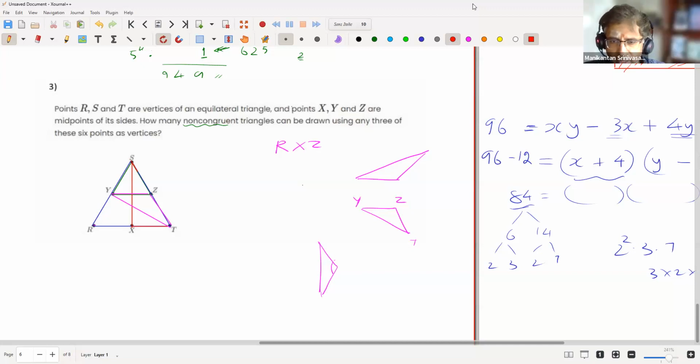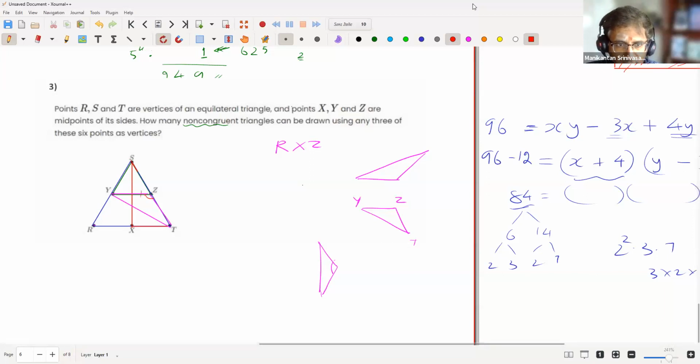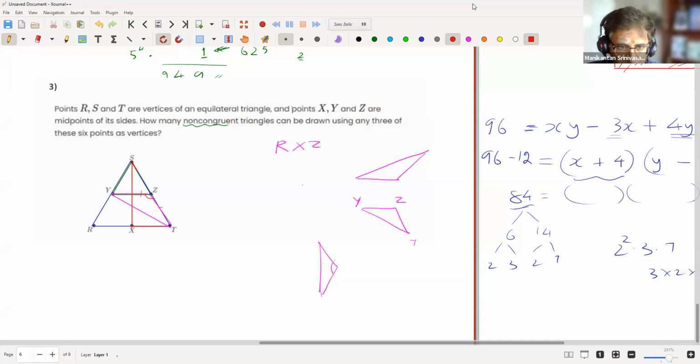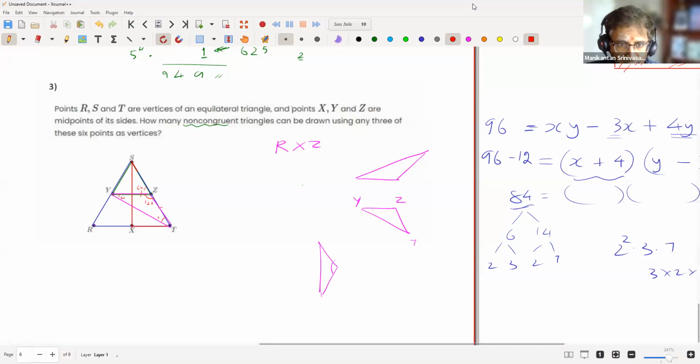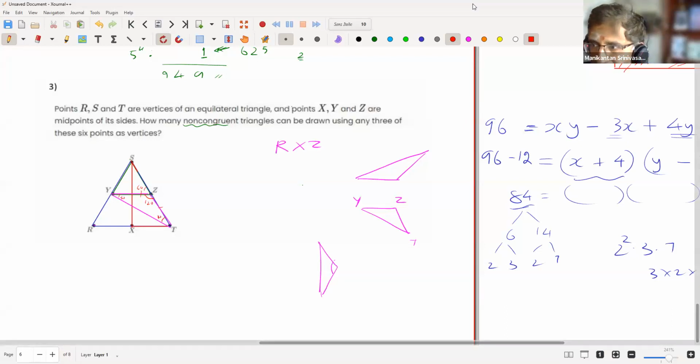But back to this one. Do you agree that all of these shapes are 120, 30, 30, guys? Let's say all of these side lengths are 1, 1, 1, 1, 1. This is 60, so this is 120. And because it's isosceles, it's 120, 30, 30. So all of these shapes will have a length of, in fact, can you tell me the length of YTB, if all of these lengths are 1?